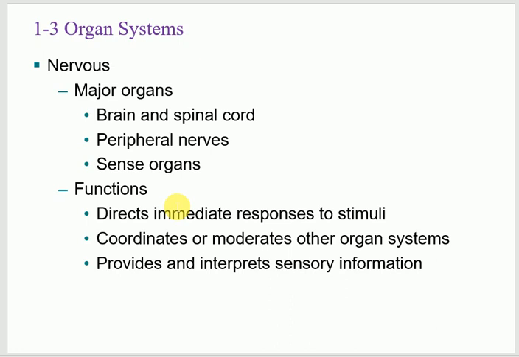Nervous system, brain, spinal cord. This is in the center of the body, central nervous system. And then the peripheral nerves, connections like wires, and sensory organs. Obviously, we know the nervous system is to control our body and get sensation, get information, and produce motor commands.